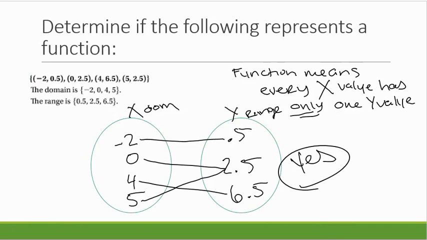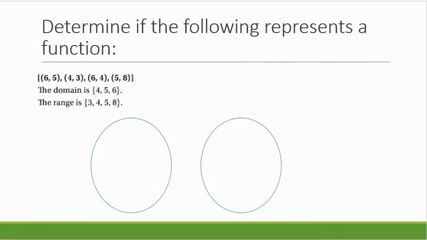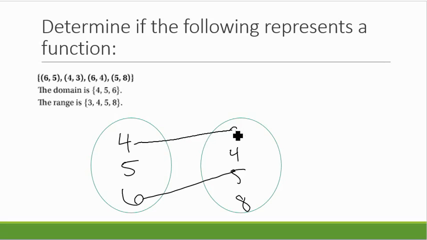So let's look at another example. We have a domain of 4, 5, and 6, and our range is 3, 4, 5, and 8. So let's look at our ordered pairs. 6 goes to 5, 4 goes to 3, 6 goes to 4, and 5 goes to 8.